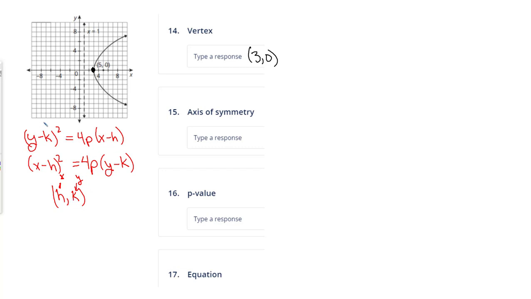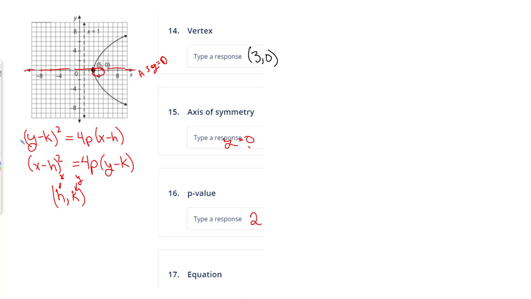So where's my axis of symmetry? Y equals 0. What is my value for P? And so you found it as 2 because this distance is 2. And it's to the right, so it's positive.